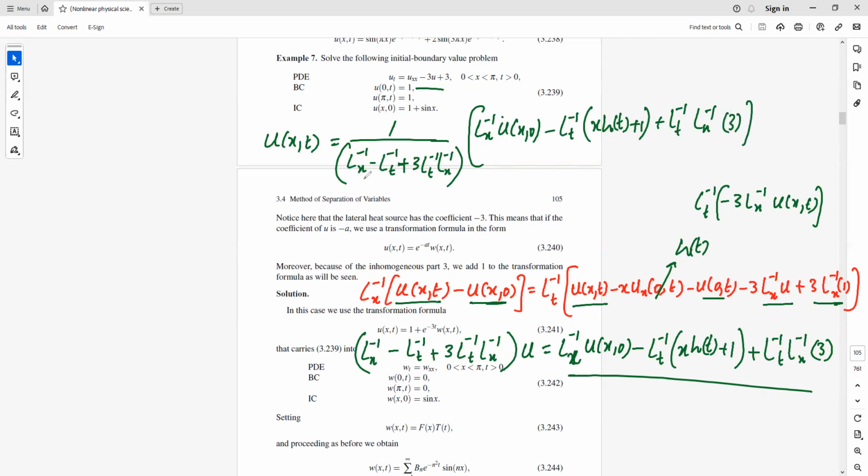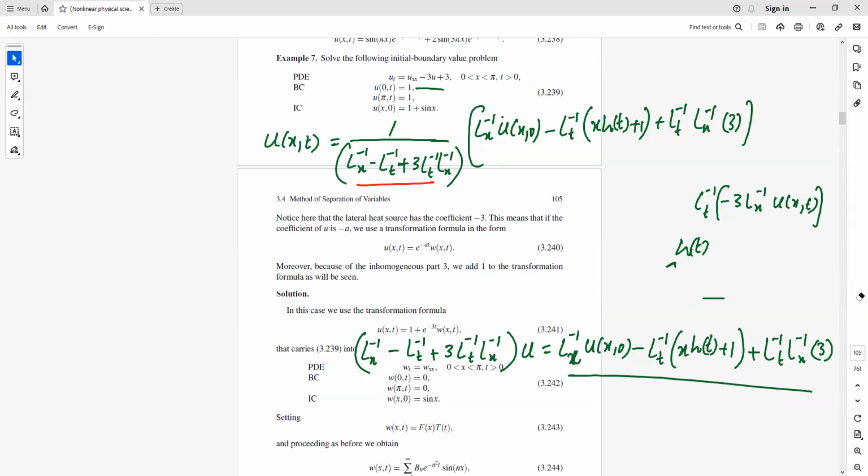Now if you take LX inverse common here and take it to the numerator, let's see what we will get, and the problem will be pretty much simplified. So we can move this to the numerator by taking out common.